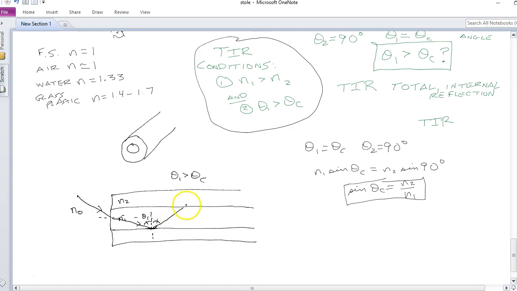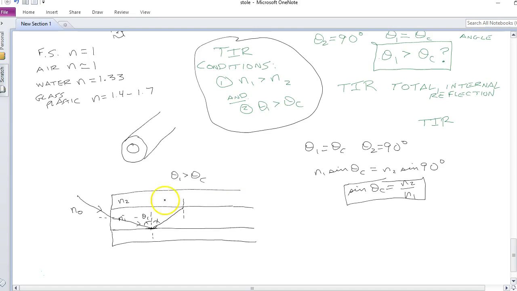And now you're guaranteed for this interface right here. There's the surface normal for the next interface. Whoops, I just made that go away. Can I get it back? Let's see if I can get it back. Oh, there you go. Got it back that way.